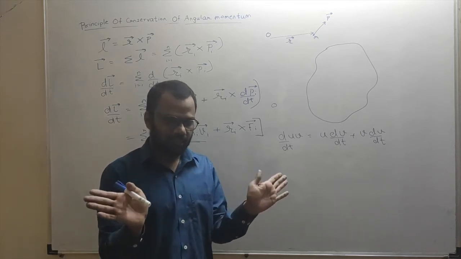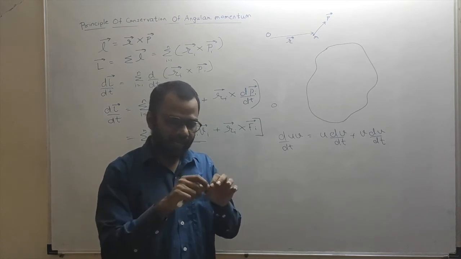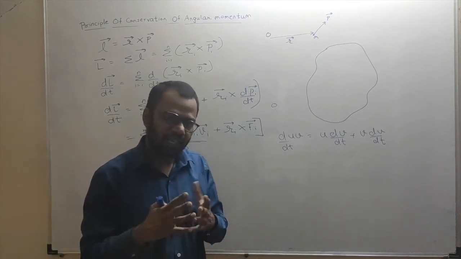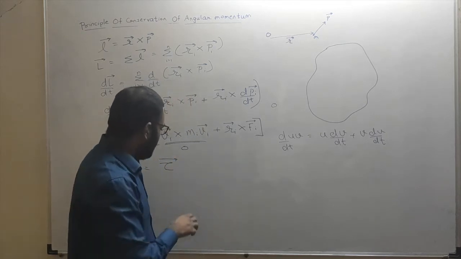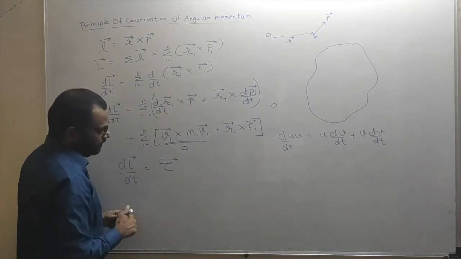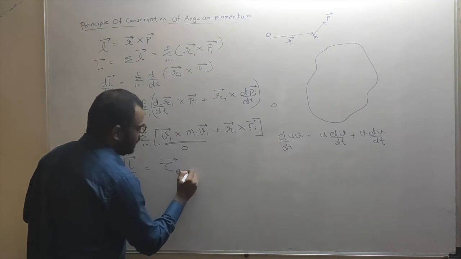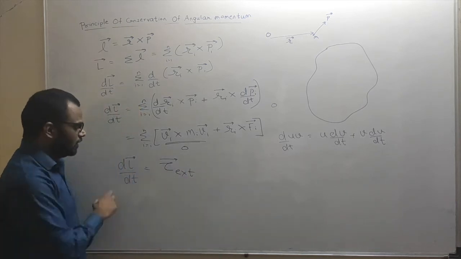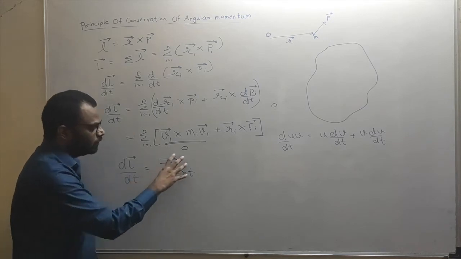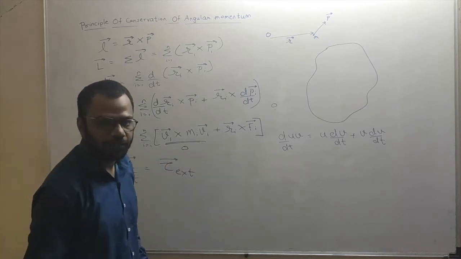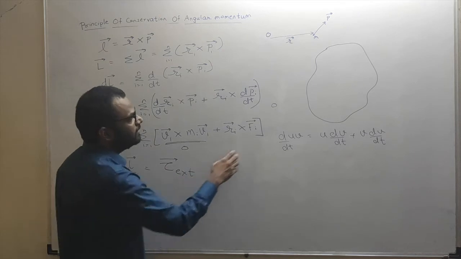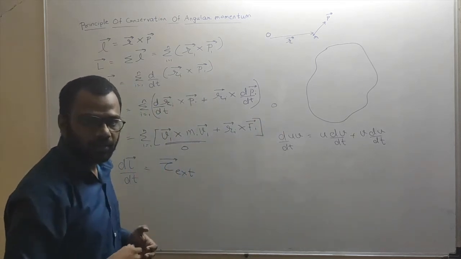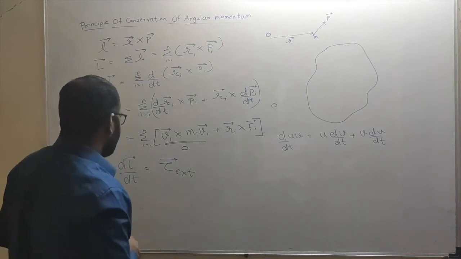The forces are equal and opposite and lie along the same line, and hence the torque due to all the internal forces cancels, so this torque is due only to the external forces. So this is the external torque acting on the body. So dL by dt comes out equal to the external torque acting on the body. Once again, this torque is measured from this point O.